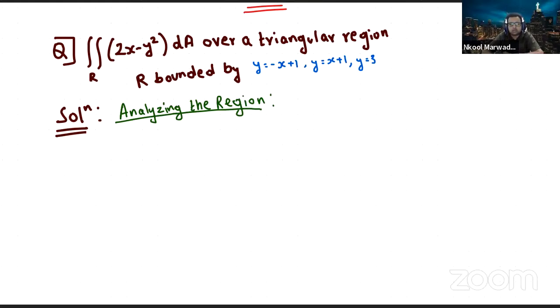Here, region R is bounded over a triangular region.